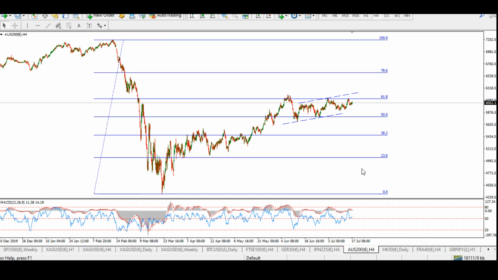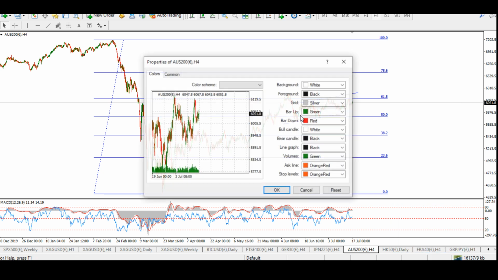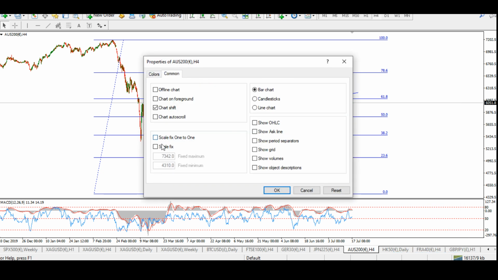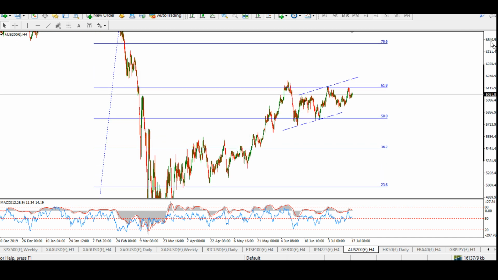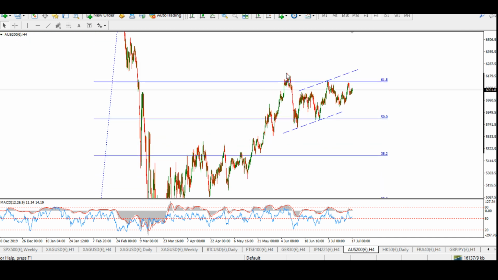The Aussie 200, we have the exact same 1-2 pattern off a 62% retracement. Let me zoom that out a little bit. You can see that the retracement just popped above the 62% retracement level, and then we have a series of lower highs on the Aussie 200, and we had the 5 waves down, 3 waves up.